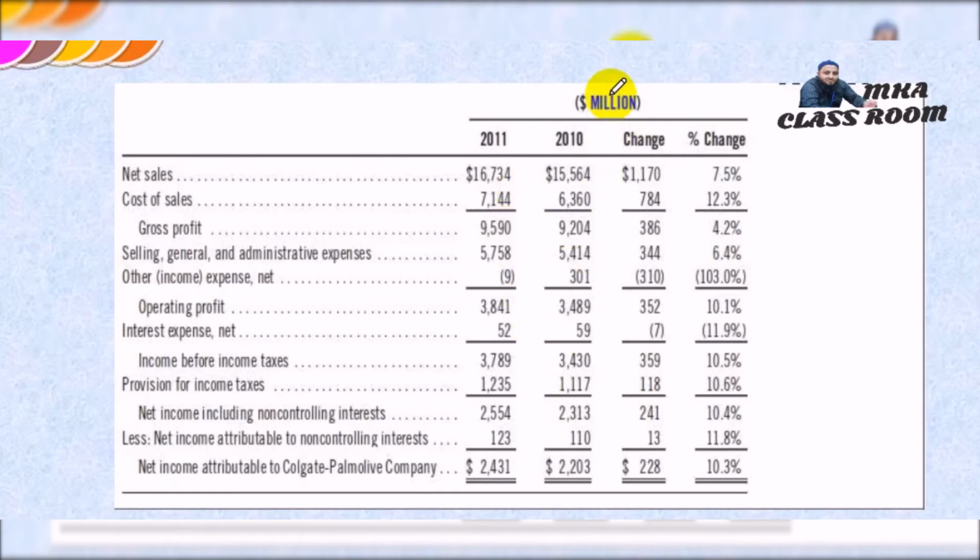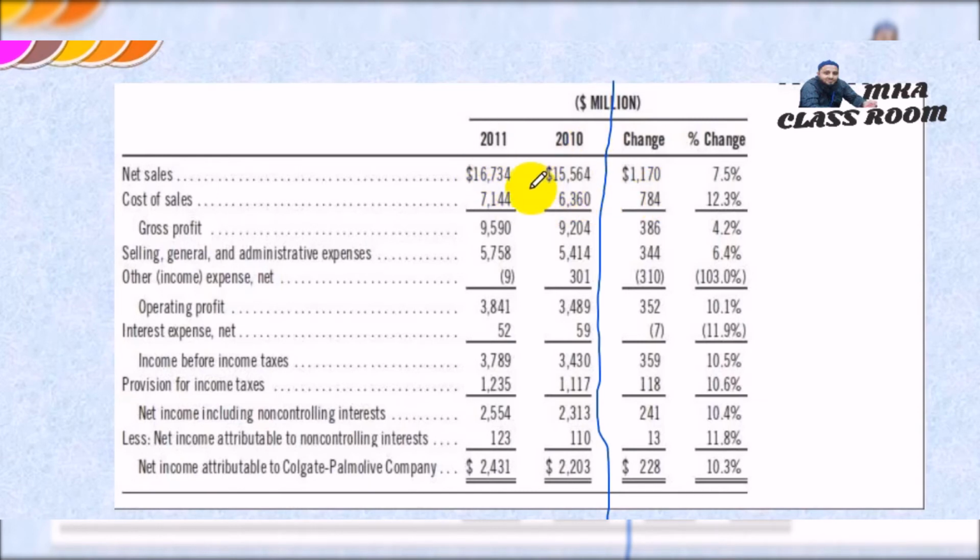Now we have to prepare a comparative financial statement for the 2011. So there has a rules. You can easily find this value 2011 and 2010.